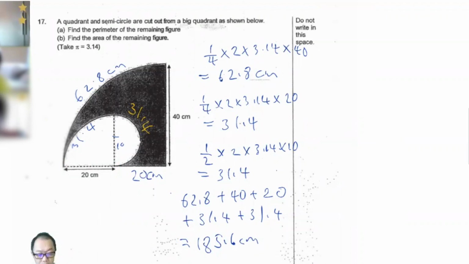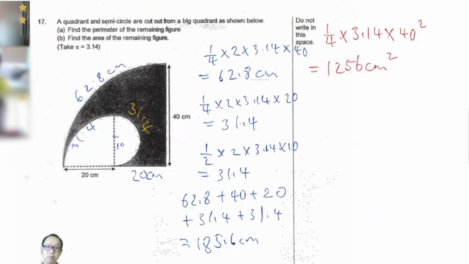It's 1/4 times pi times r squared. So the radius is 40. Pi r squared. 1256 cm squared. Okay, so this is the big quadrant.